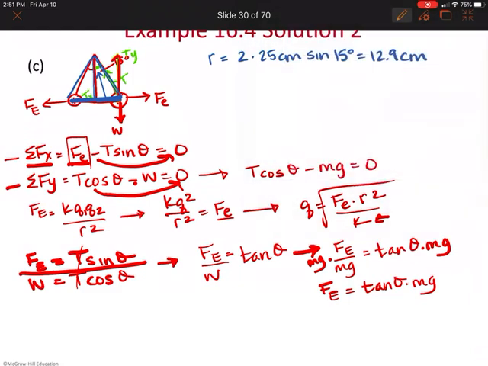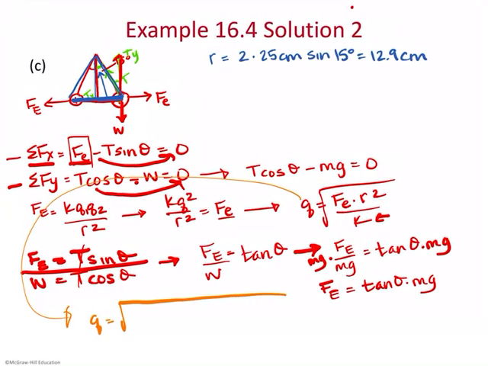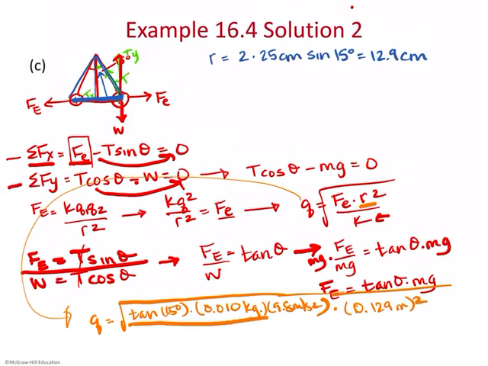So you've got charge is equal to the square root of the electrostatic force, which is tangent of 15 degrees times 10 grams, so we need to make that into kilograms, times 9.8 meters per second squared, times r squared, which we just figured to be 12.9 centimeters, so let's make that into meters, 0.129 meters squared, divided by K, which is 8.99 times 10 to the 9th Newton meters squared per coulomb squared.